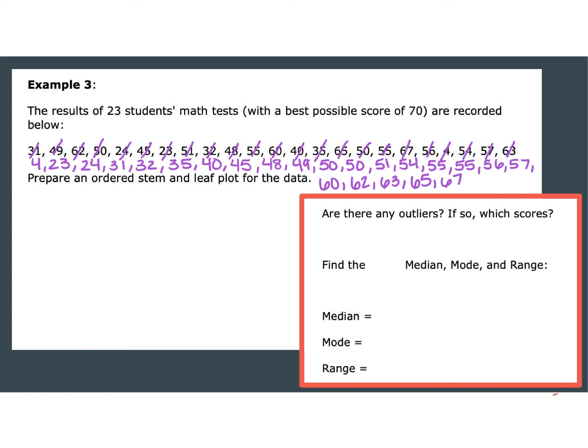Now that our data values are in order from least to greatest, we can create a stem and leaf graph. We can draw a vertical line with stem on the left and leaf on the right. Our stems will be 0 through 6.